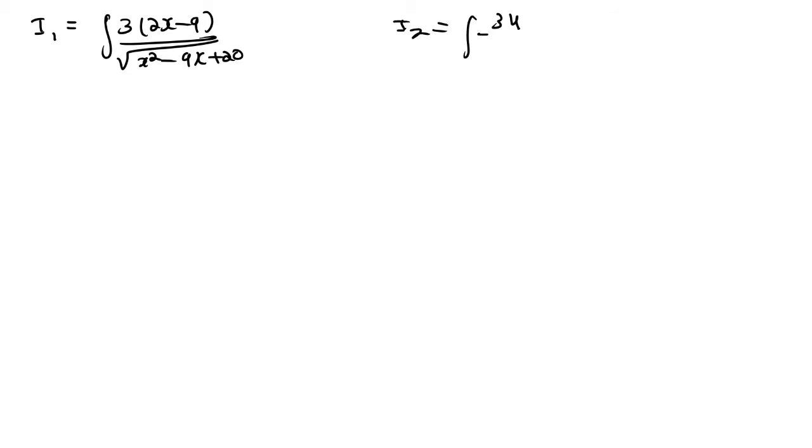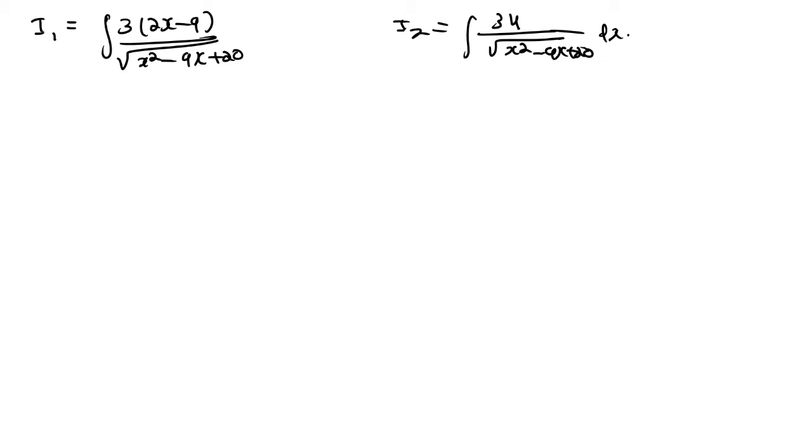We have I1 value equal to integration of 3 into (2x minus 9) divided by square root of x square minus 9x plus 20, and I2 value equal to integration of 34 divided by square root of x square minus 9x plus 20 into dx. First consider I1.